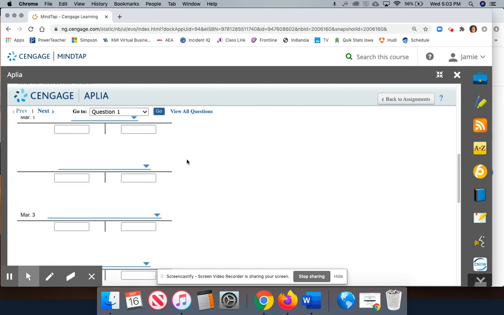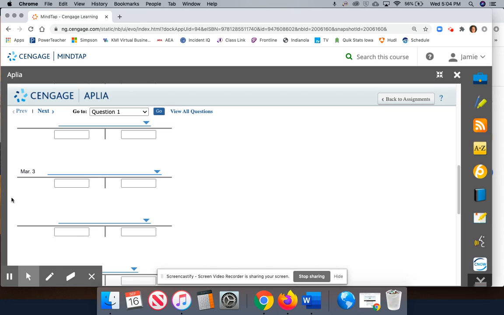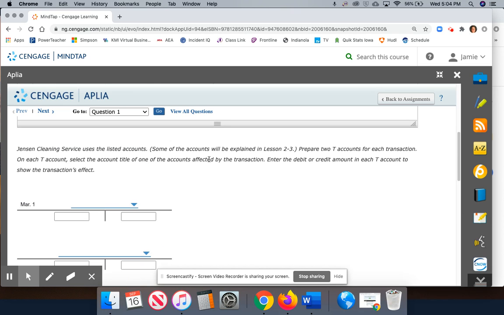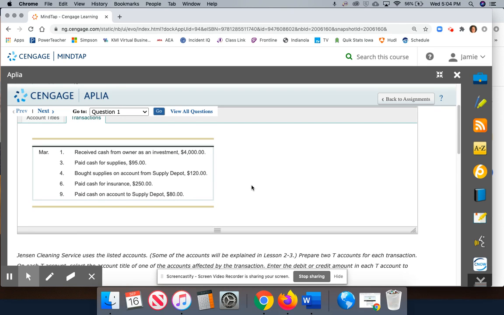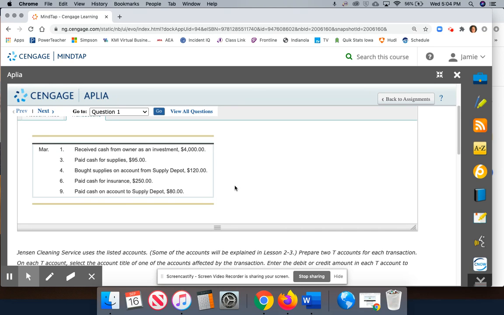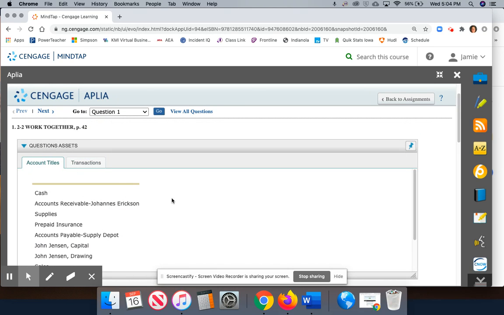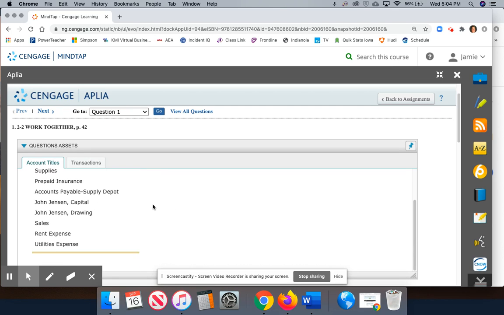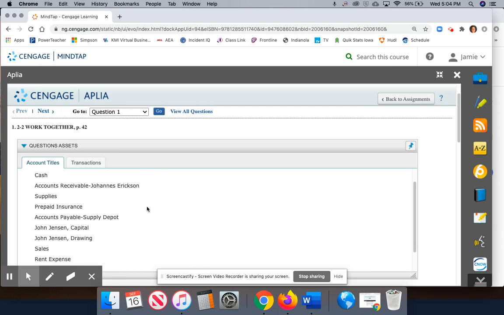So notice every date that we have a transaction, we have two T accounts. So the first one, we received cash from an owner as an investment. Question number 1 of our 4 questions says, what 2 accounts are affected? So you may need to go into our account titles and look through what accounts we have.